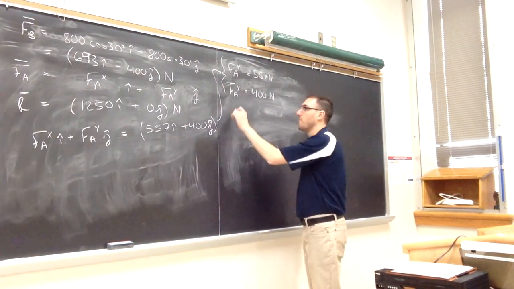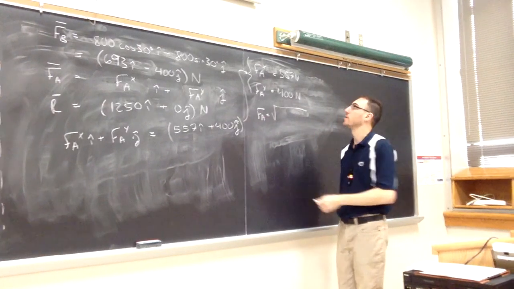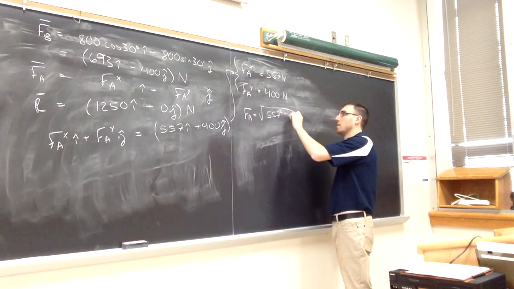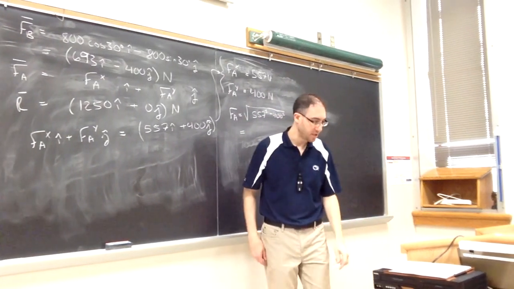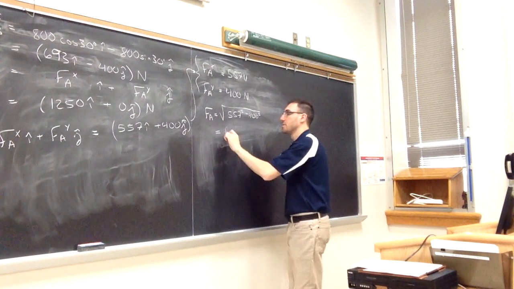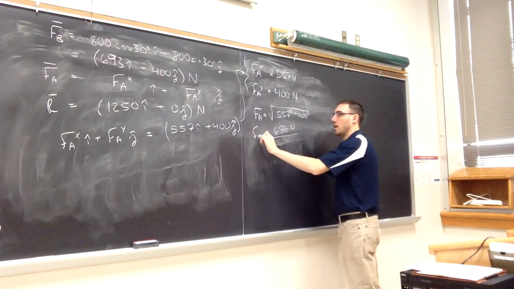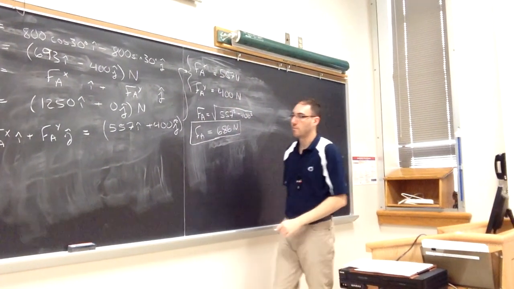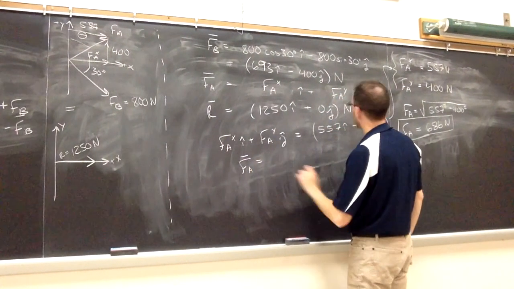So as we've been doing before, to find the magnitude of FA, I just take the square root of the sum of the squares of the components. So I need to pull on that rope with a magnitude of 686 newtons. That's the magnitude of this vector, which I didn't actually write yet, so I can also write it in component form.